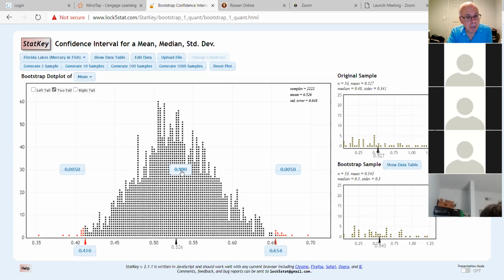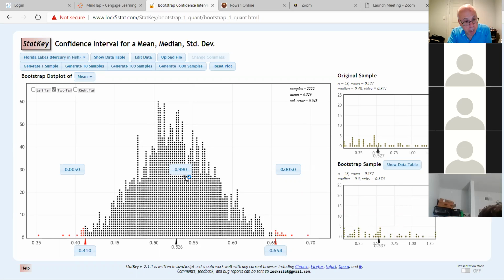That's exactly what I want you to learn from doing this, this idea of how the interpretation changes. So in this case, we would say with 99% confidence, that means 99% of the intervals should contain the population parameter, and only 1% will not.